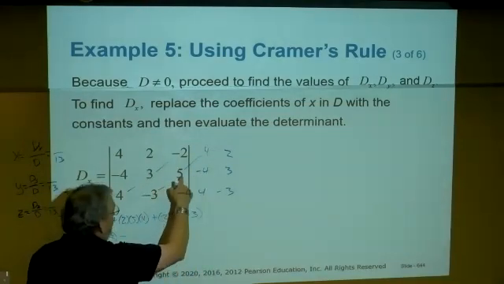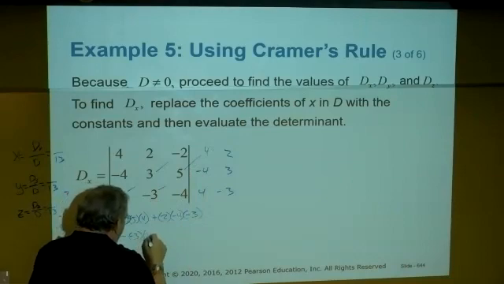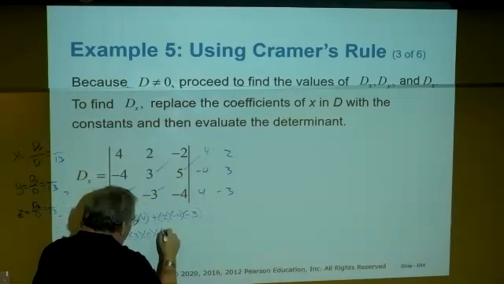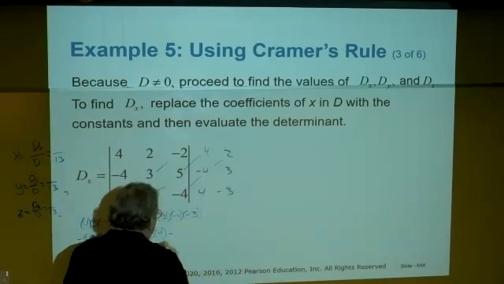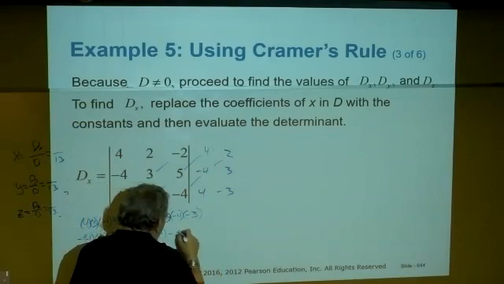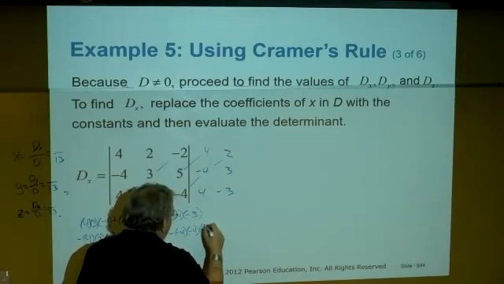So -3 times 5 times 4. And then this product, we're going to subtract. So that's a -4 times -4 times 2.